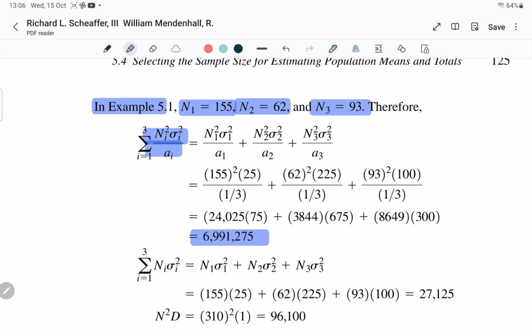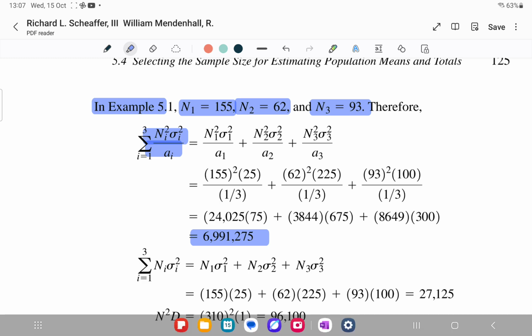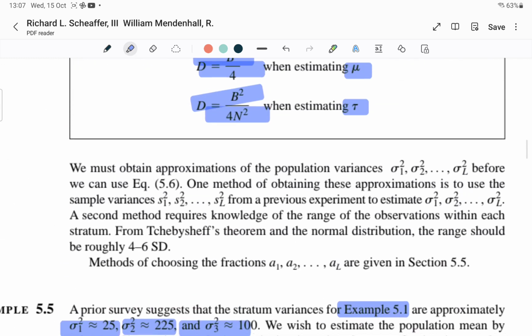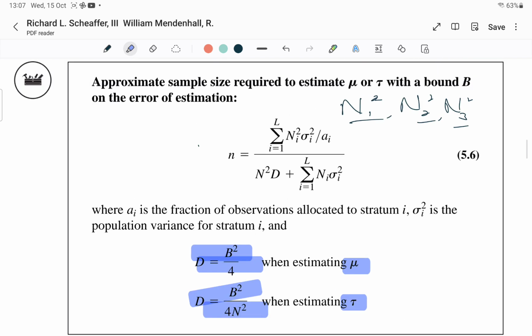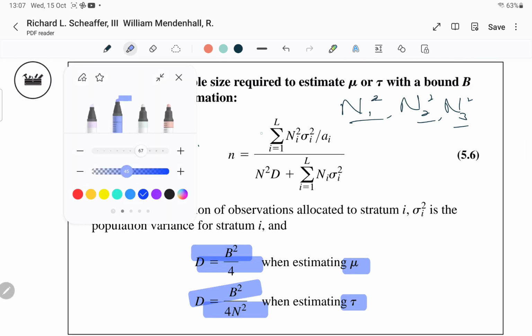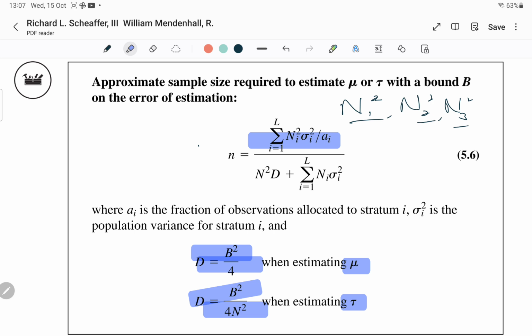Okay, so in the denominator, what we have in the denominator is D. If you could see the formula, that's what we have calculated, this one. It is estimated.